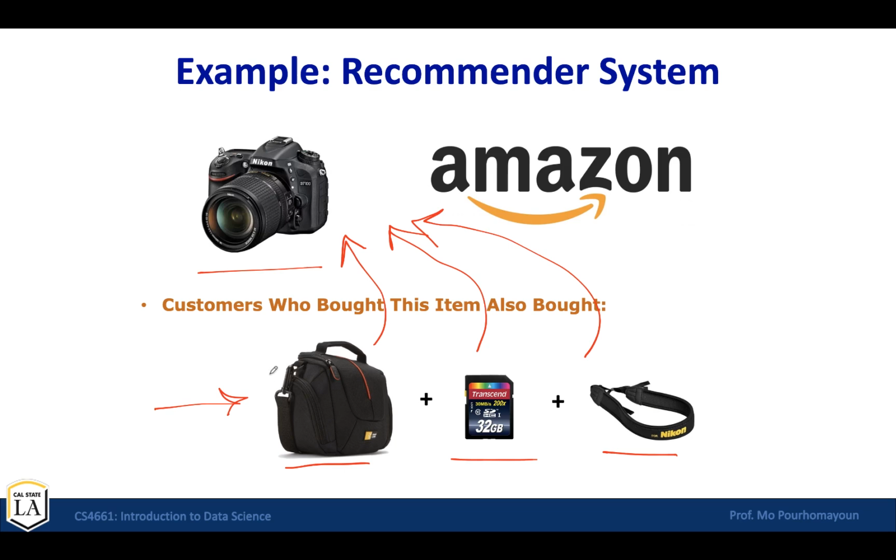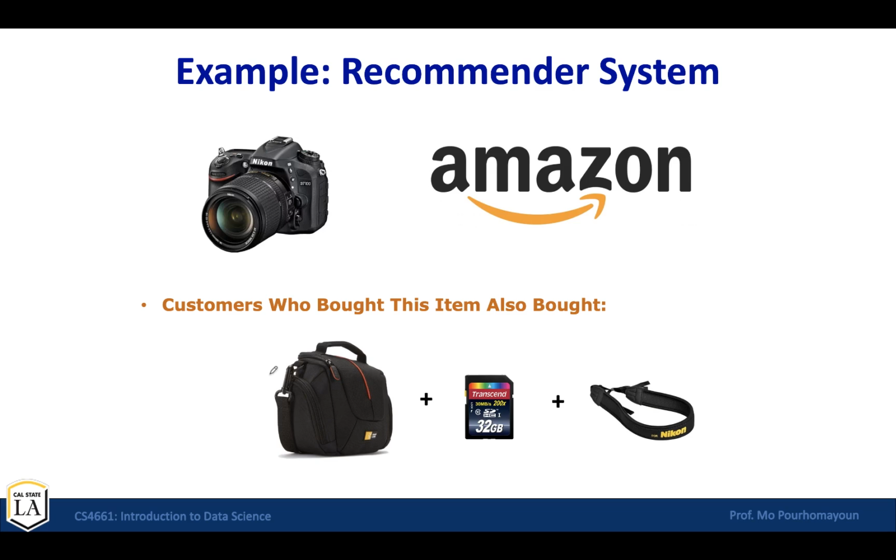The thing is that nobody tells the Amazon website that, for example, a camera bag is related to a camera. Nobody defined or hard-coded somewhere in the Amazon website that there is a connection between camera bag and camera.